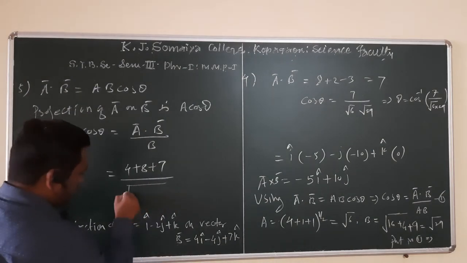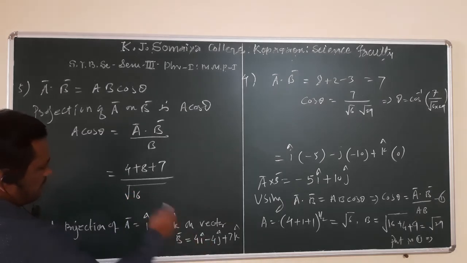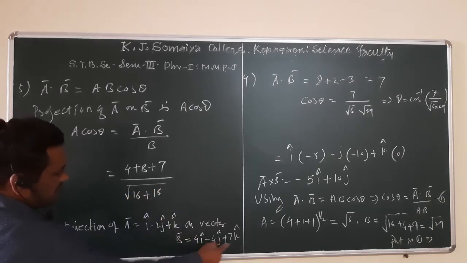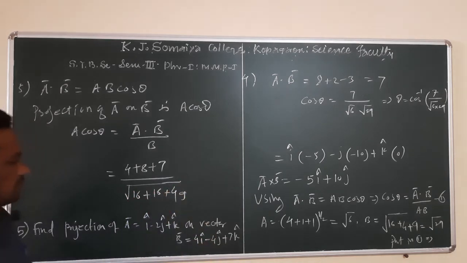The magnitude of vector B is square root of 4 square, which is 16, plus 4 square, which is 16, plus 49. Okay.